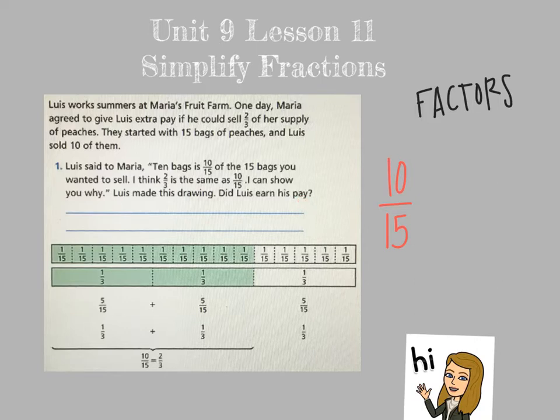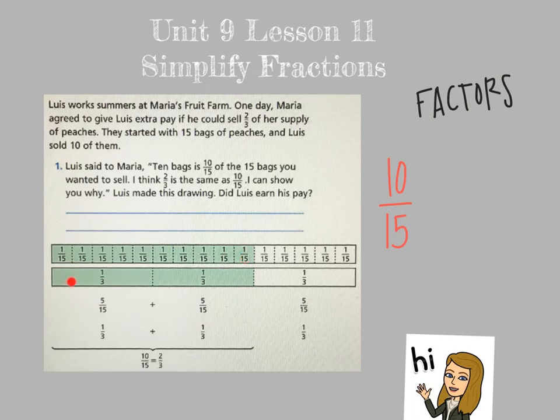So remember that fractions can be equivalent. So when you simplify fractions, you're finding the fraction that is equal to it, it's just in smaller terms. So you can see this drawing here where Louis shaded 10 of the 15 blocks. Each of these blocks were separated into 1/15. Altogether, 10 out of the 15 are shaded.